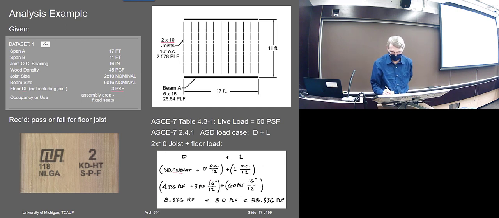So the self-weight plus the applied dead load gave me the total dead load. And the floor load, where was the floor load? Oh, it was based on the occupancy. I think this was 60 PSF, wasn't it? Oh yeah, there it is, 60. So I got those, and this is what we had in class the other day as the loading.